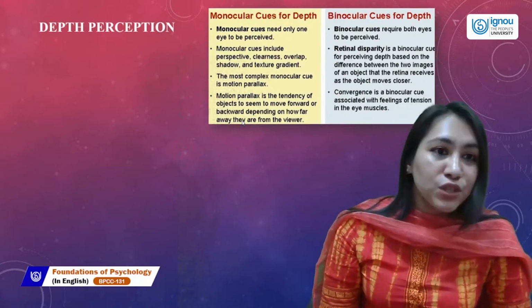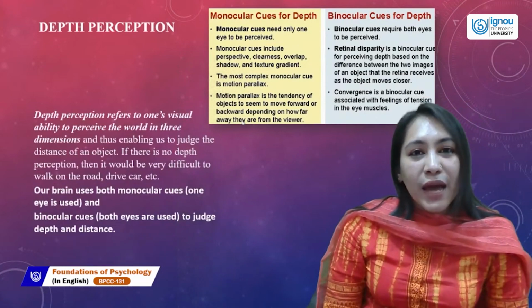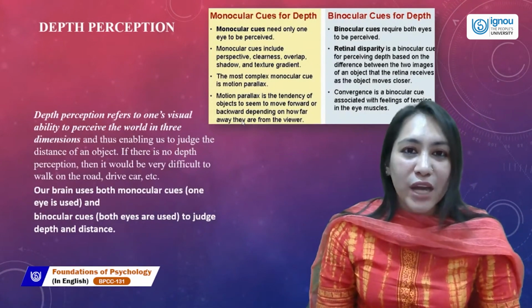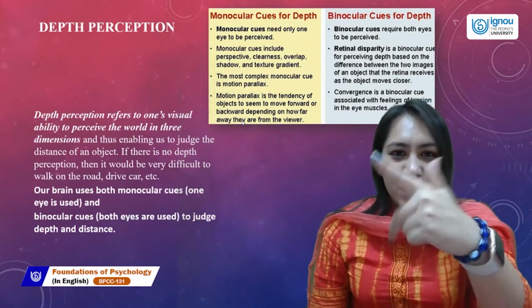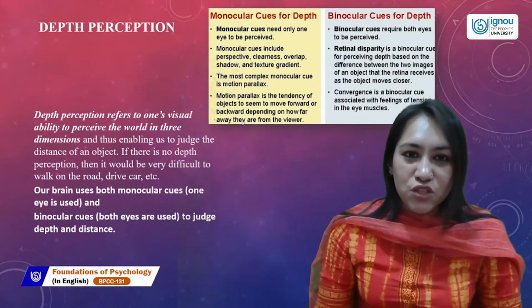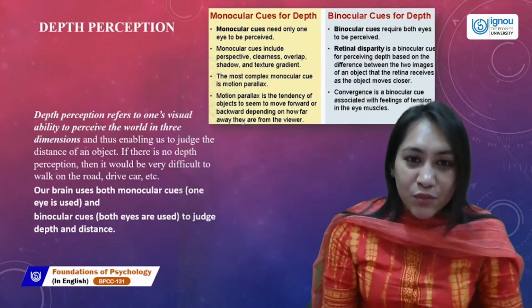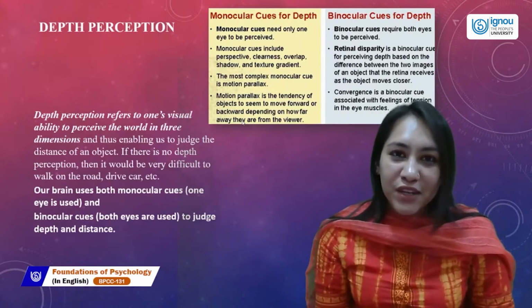To introduce depth perception today: depth perception enables you to have a three-dimensional image. I'm sure all of us have studied three-dimensional shapes in maths. So the ability to view an object in all dimensions, the width, the distance, and the depth, is called depth perception. Remember, our eye does not have that ability.